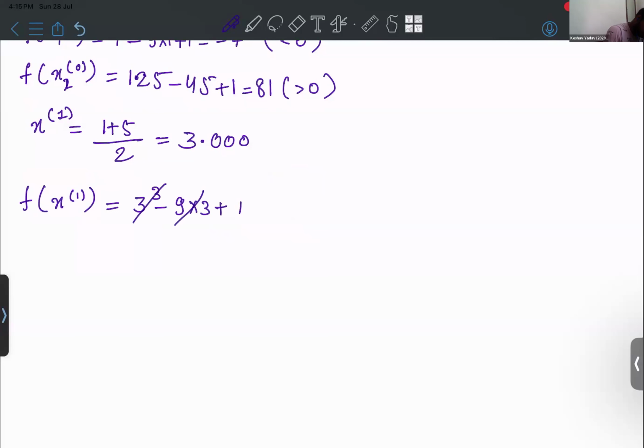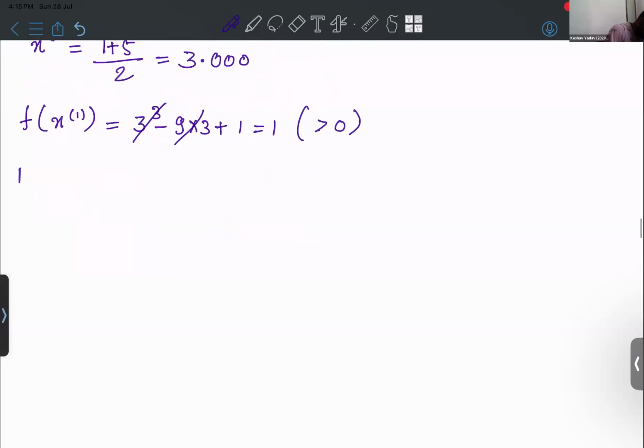So this and this will get cancelled. This will come as 1, which is greater than 0. So 5 will be replaced, and the new interval will be 1 comma 3.000.